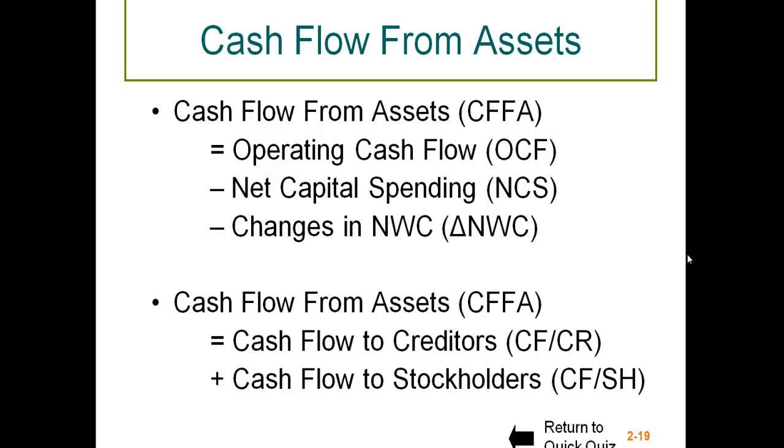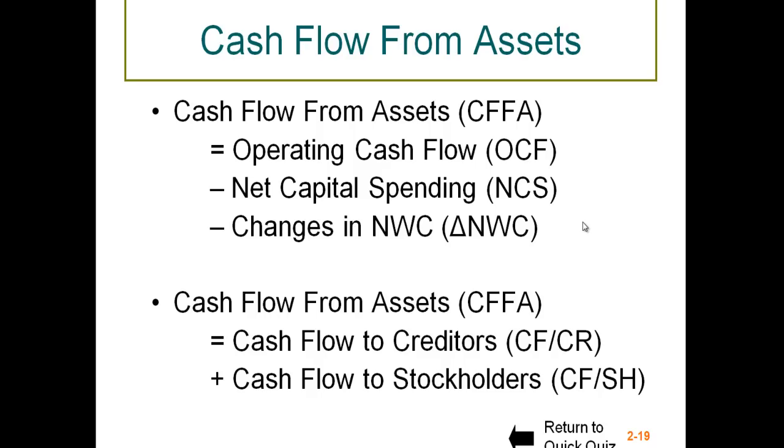Net working capital being investments in inventory, investments in accounts receivable, etc. You can also calculate it by looking at the cash flow to creditors plus the cash flow to stockholders.